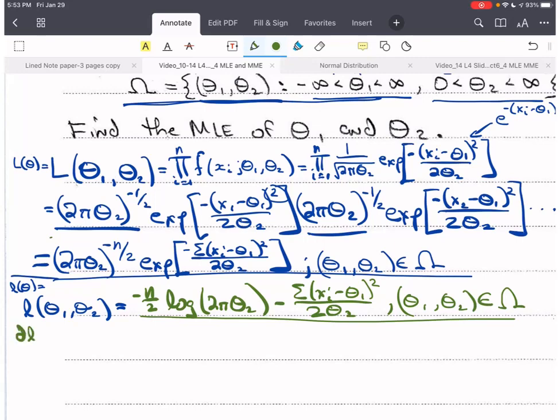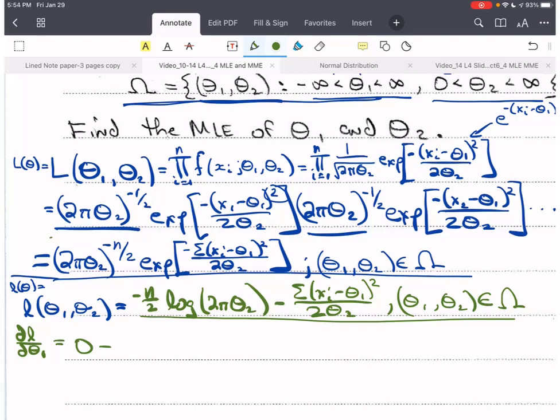So we're going to take dl d theta 1, and so this is going to equal, I don't have a theta 1 in this term, so it's going to end up being a 0. Minus. Now, I need to take the derivative with respect to theta 1 in the second term. So here the denominator is just a constant.